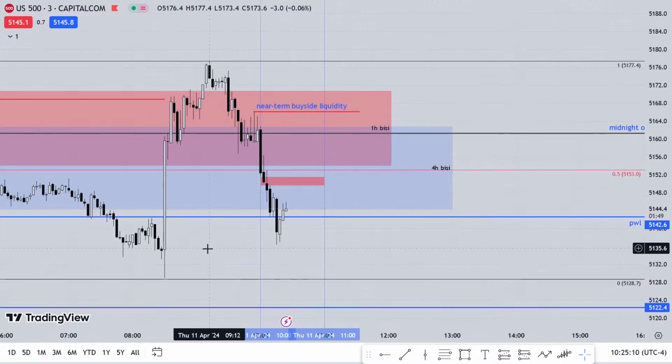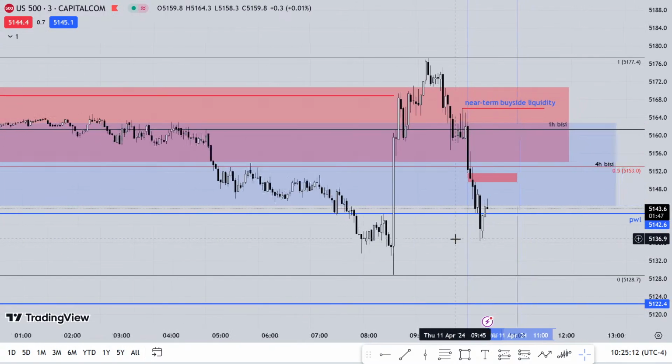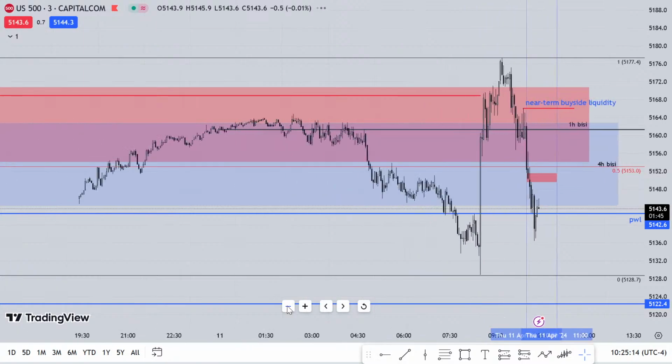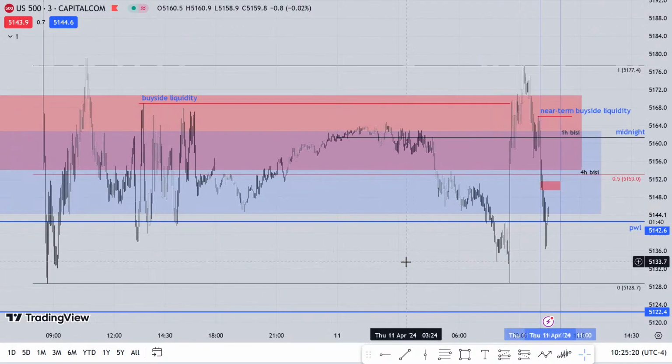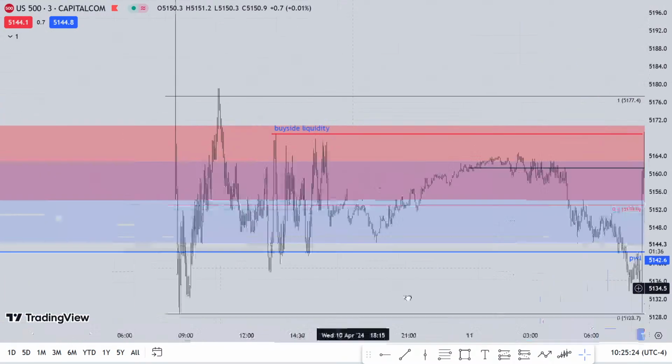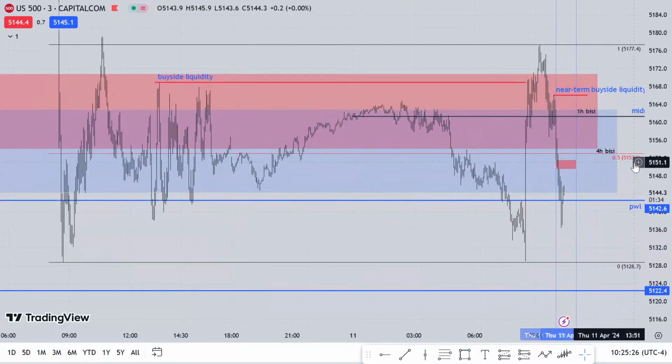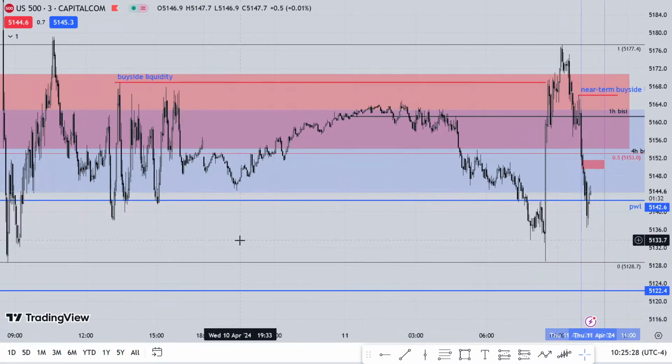So we should expect price to trade within these imbalances. But let's see how it does because it has been trading inside of this imbalance since yesterday, after the drop lower after CPI.